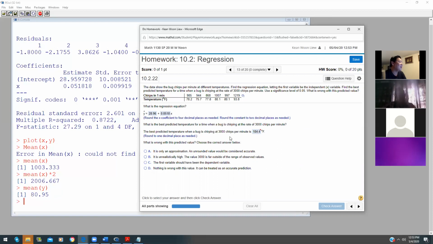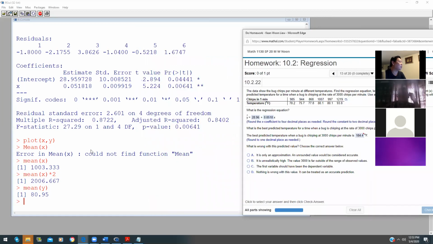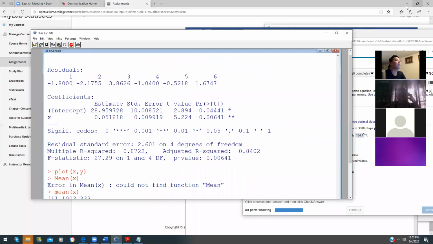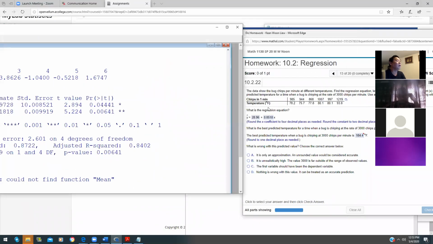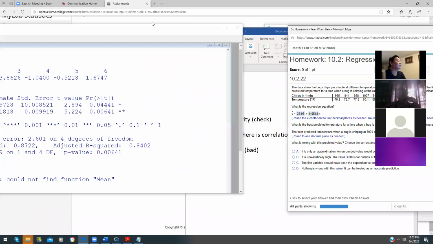The reason why this is wrong is because what they do is they plug 3,000 into this equation. That's why it's so weird. So if you plug 3,000 into the regression equation, the regression is given as this one, right?